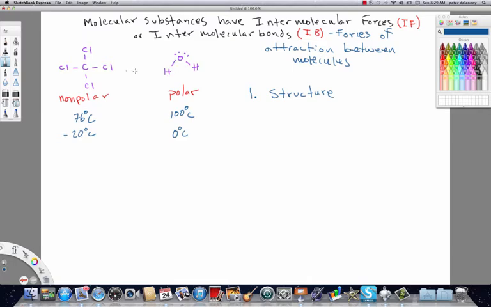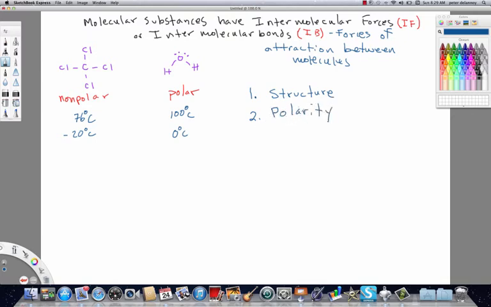If you're not able to draw the Lewis formula, which allows you to get a handle actually on what the structure looks like.